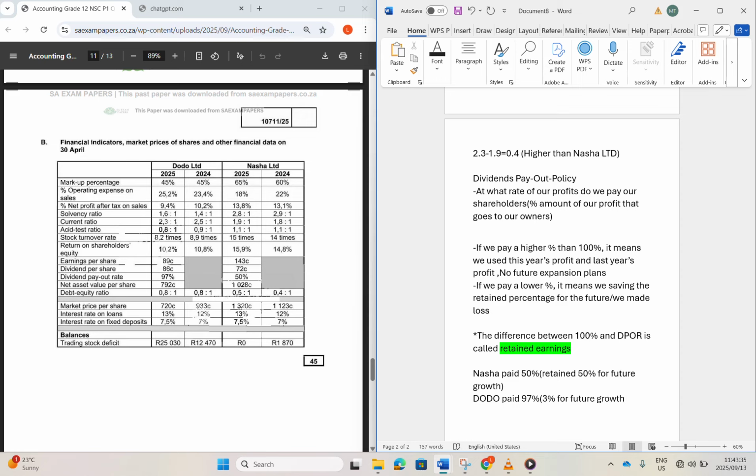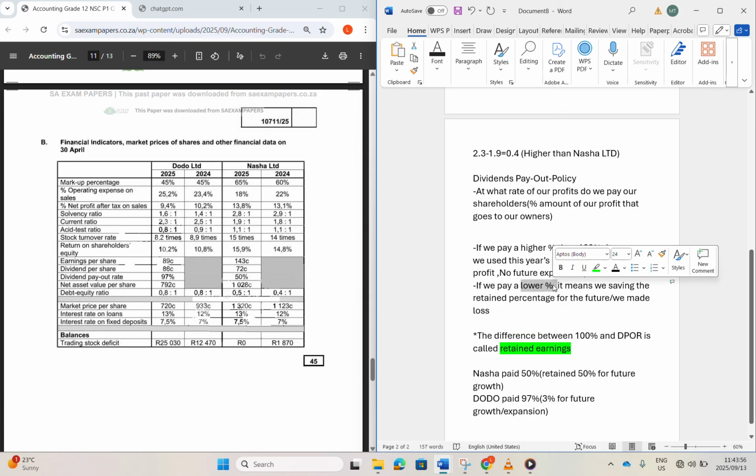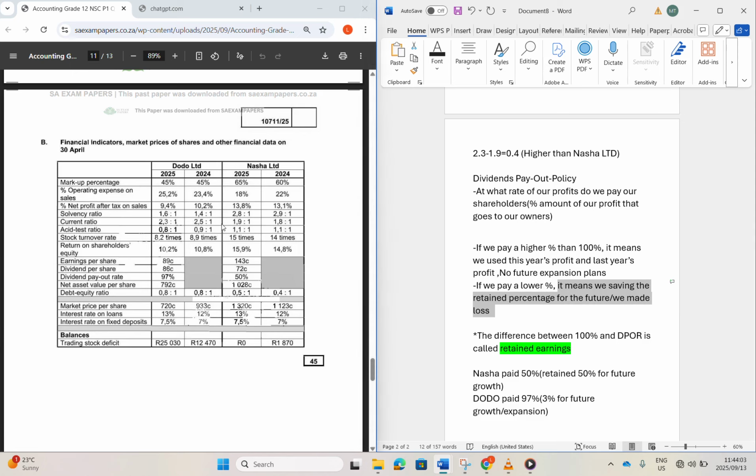Do you get it? So Dodo paid more and Nasha paid less, and those that paid less are the ones looking for future expansion.